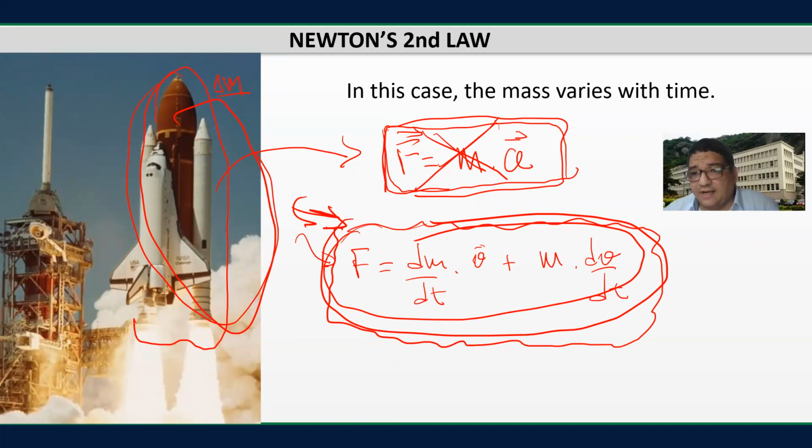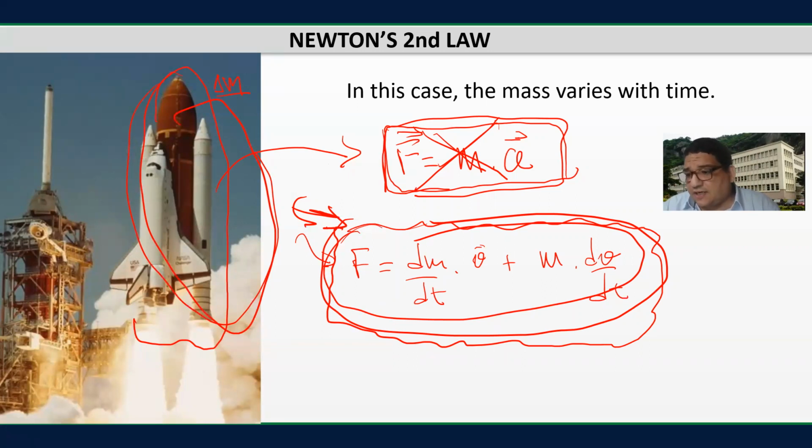So F equal M times E, it isn't wrong. This is not the case. If I don't have variation of mass, it's okay.